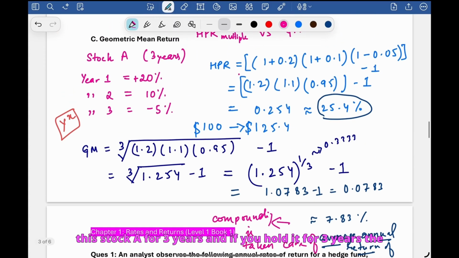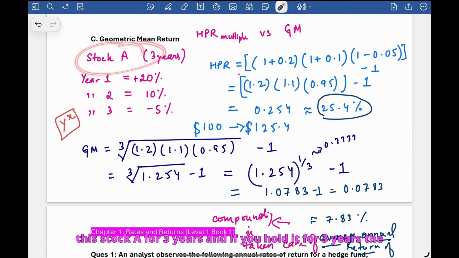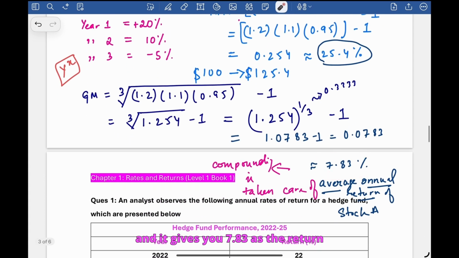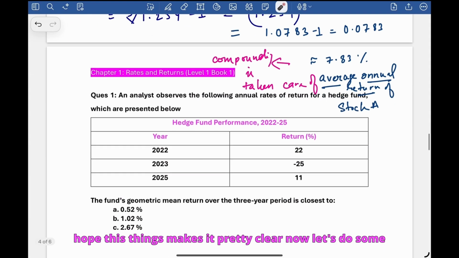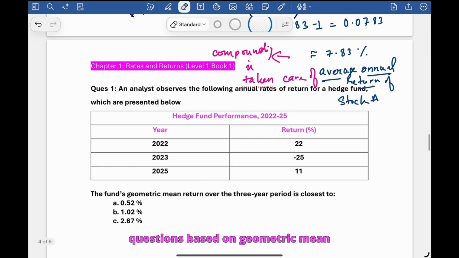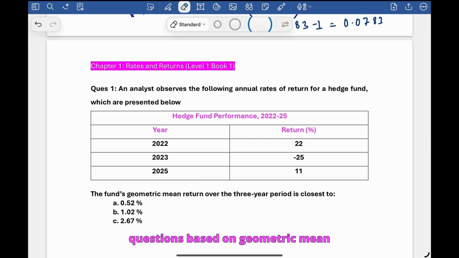When you invest in this stock A and hold it for 3 years, the holding period return gives you this result. But if you want to know the average annual return taking the compounding effect into consideration, you can use the geometric mean, and it gives you 7.83% as the return. These things make it pretty clear. Now let's do some questions based on geometric mean.